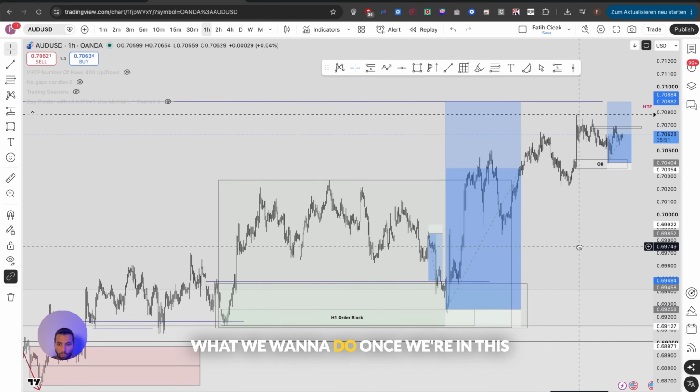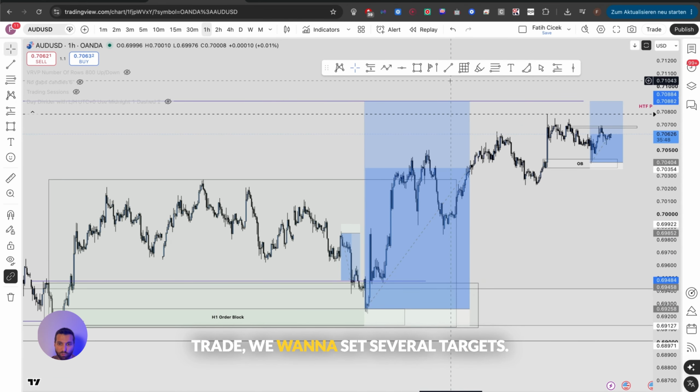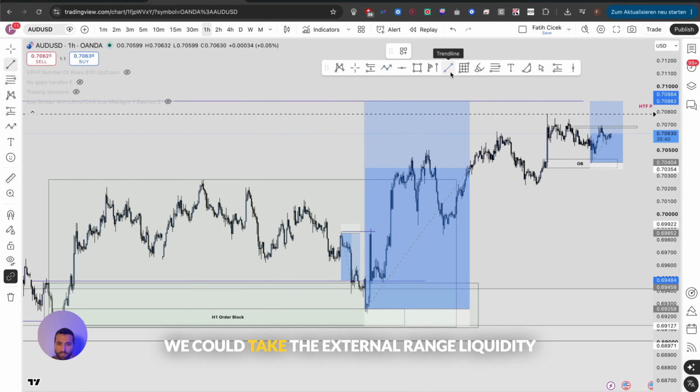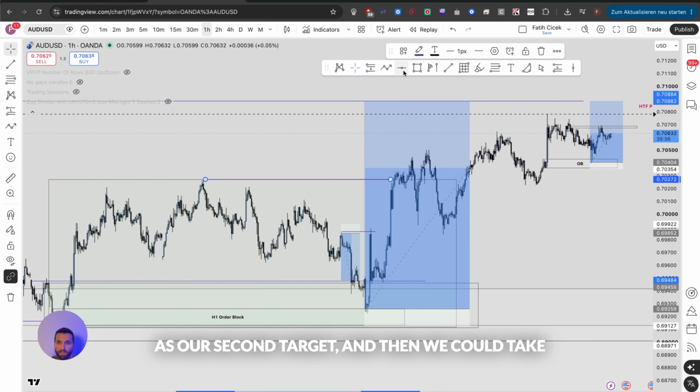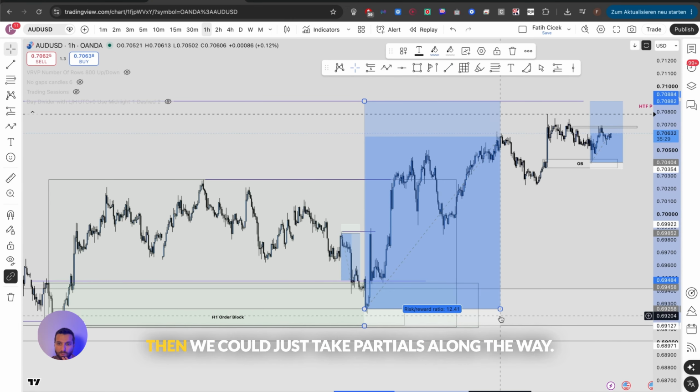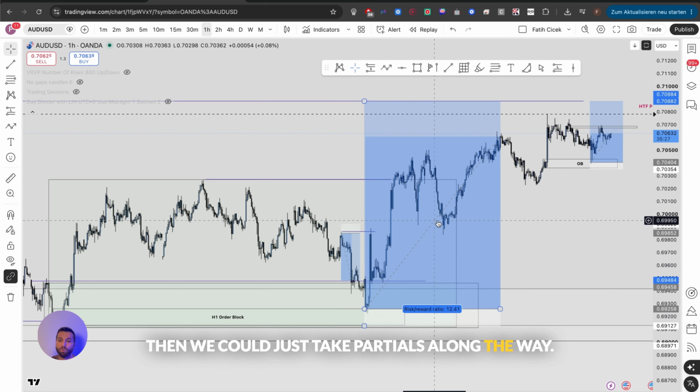Once we're in this trade, we want to set several targets. We could take this as our first target, then the external range liquidity as our second target, and then that as our main objective, our last target, and take partials along the way.